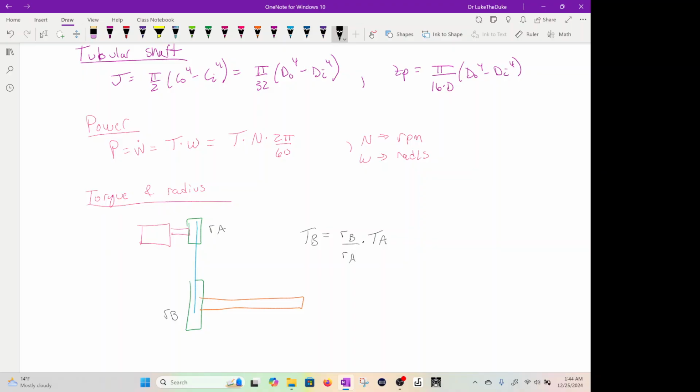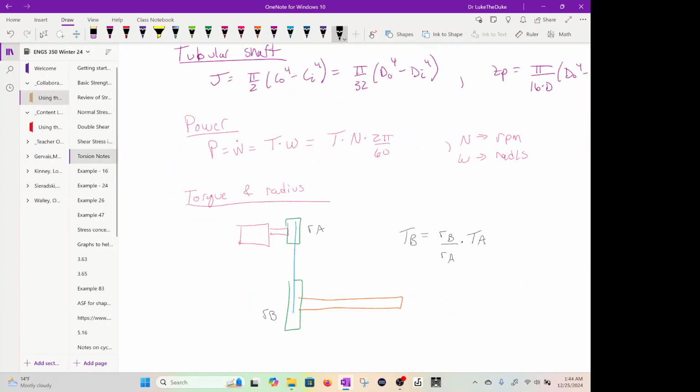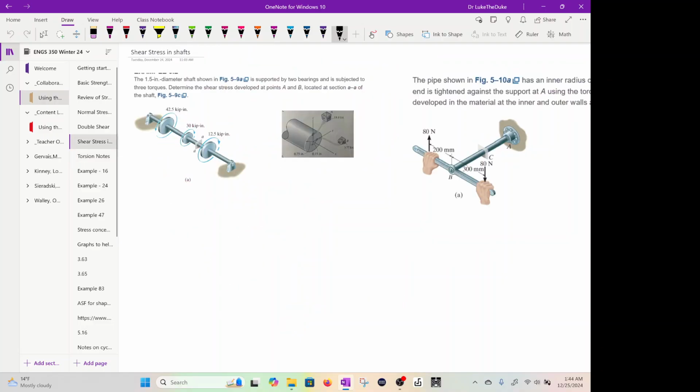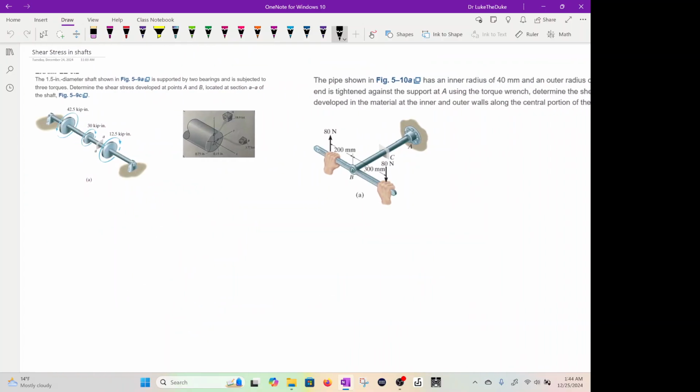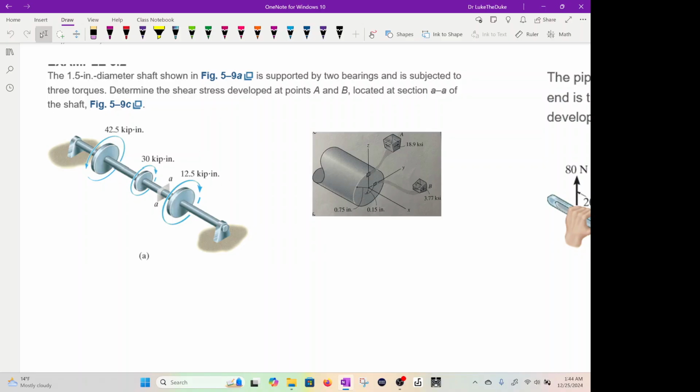Okay, let's do a couple example problems. Okay, so let's look at this one first. So we have a shaft, and we're trying to find the shear stress developed at 2 points.